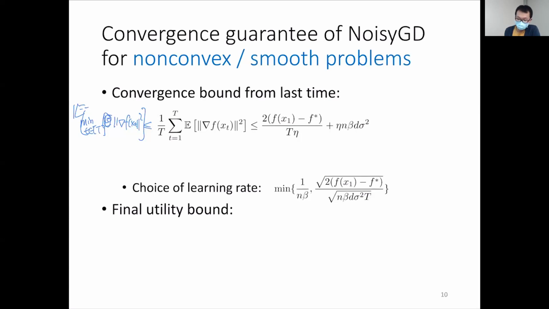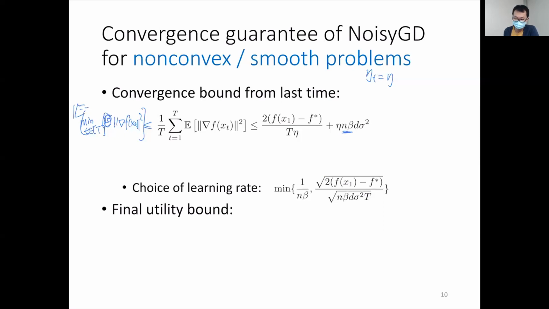And on the right hand side, this is a term that depends on the learning rate. So in this case, I'm using constant learning rate, so eta_t is equal to eta. And the first and second term both depend on the learning rate and on all the other parameters of the problem. What I want to highlight is that this n times beta is a smoothness parameter of f, right? So when f satisfies a stronger smoothness property that's not n times beta but something smaller, then you can just replace that parameter over here.